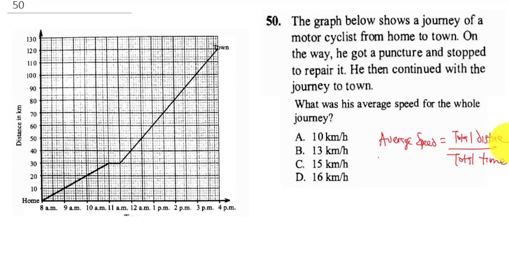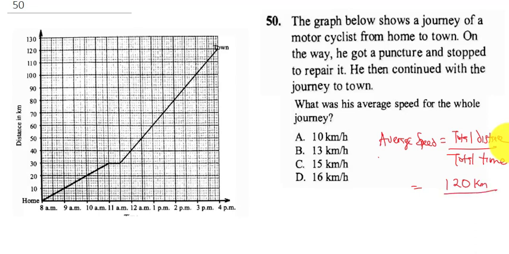This is where he stopped, from 11 a.m. to 11:30. He spent 30 minutes to fix it. Now down to this place, he covered a total distance of 120 kilometers, divided by, now let's check his time.